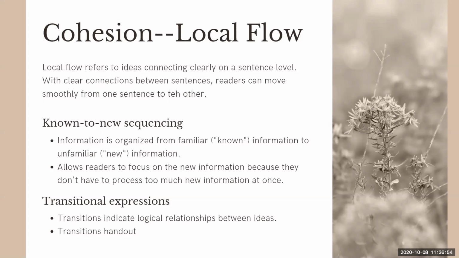So information is organized from the familiar, otherwise known as the known information, to the unfamiliar or the new information. This allows readers to focus on the new information because they don't have to process too much new information at once. Readers often are able to process information that they already know much quicker than brand new information.